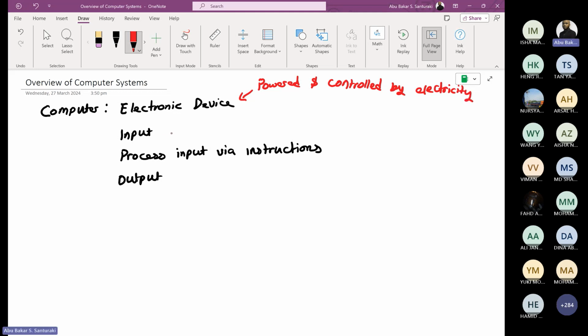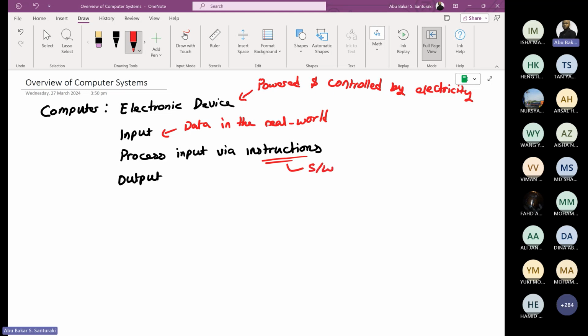The input represents data in the real world. I'll give an example in a minute to make that make sense. So data in the real world. Processing via instructions. Instructions refers to software. So a software program.